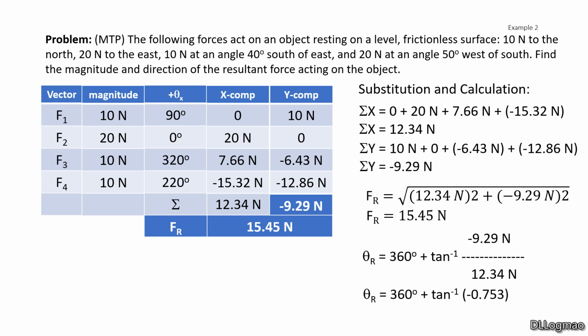The inverse tangent of negative 0.753 is negative 36.98. Theta sub r is equal to 360 degrees plus the negative 36.98 degrees. So theta sub r is 323.02 degrees.